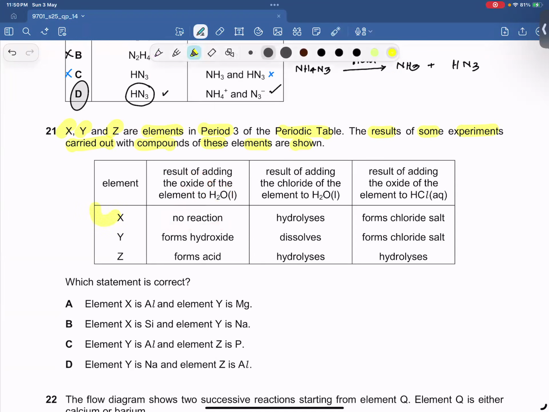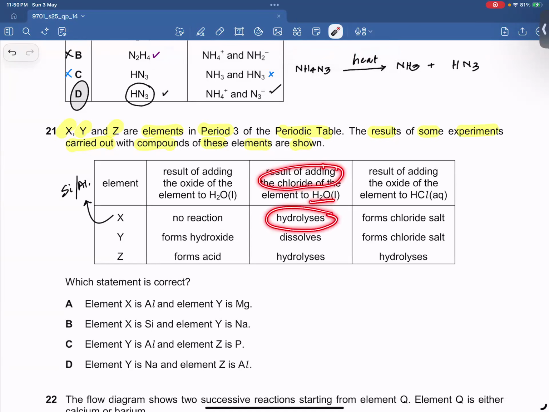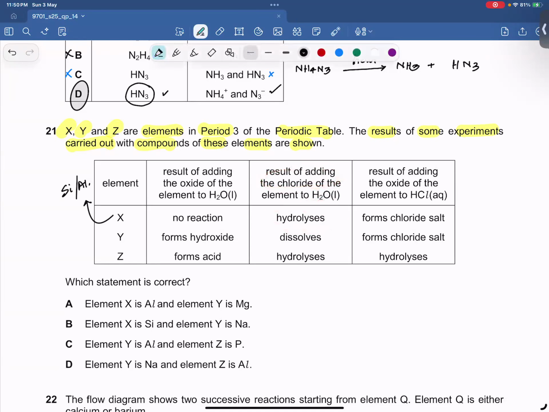That means this element X could be silicon or aluminum, okay? When the chloride of this X treated with water undergoes hydrolysis, that indicates either silicon or aluminum, because both chlorides of silicon and aluminum can easily hydrolyze with water.